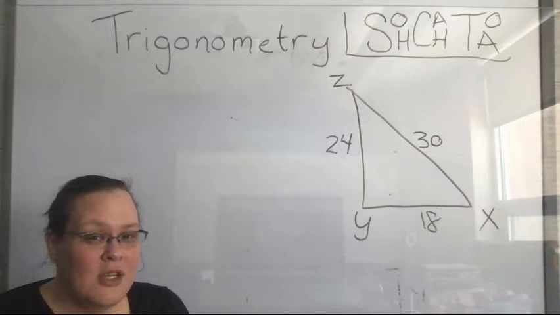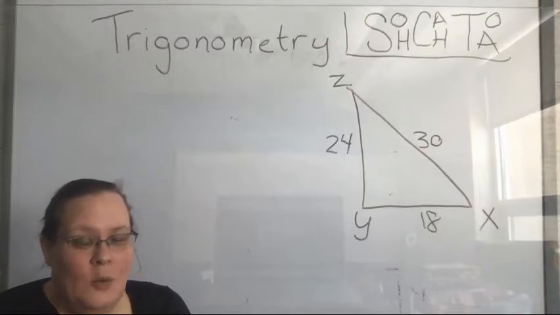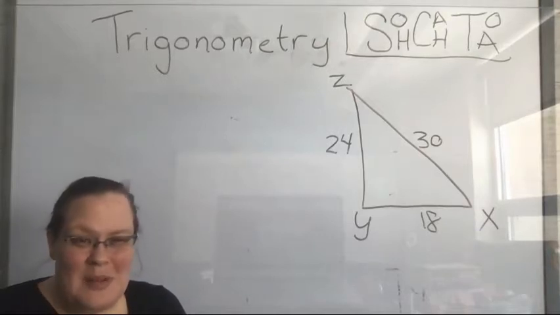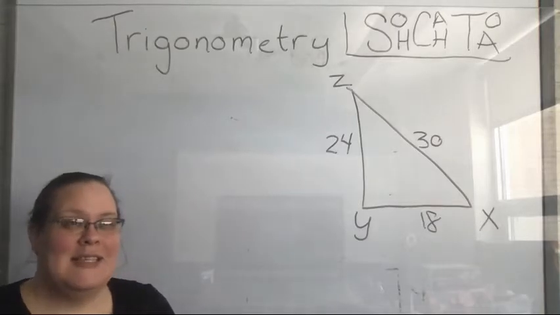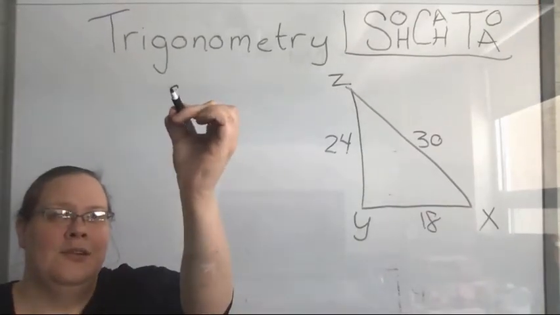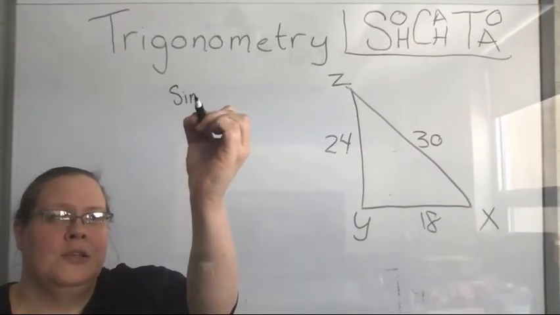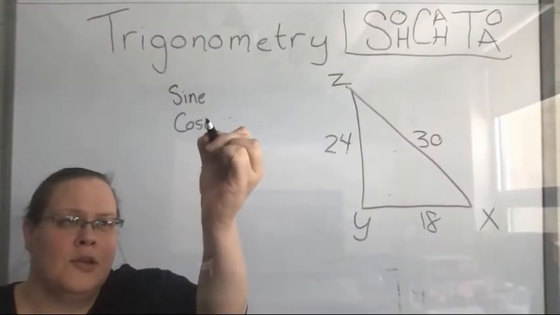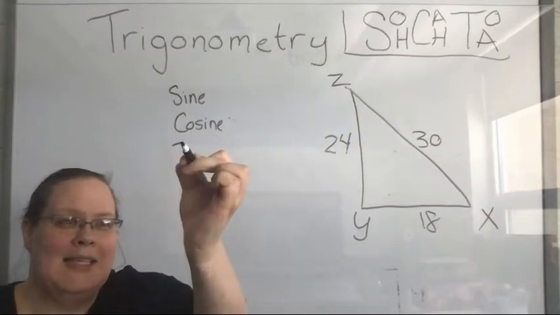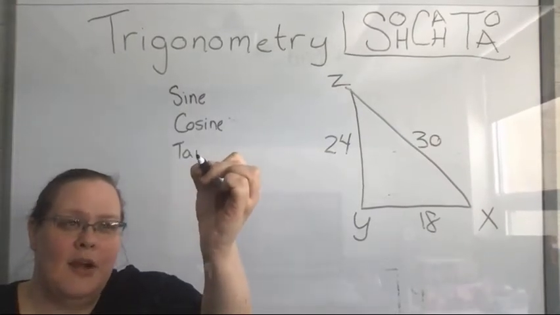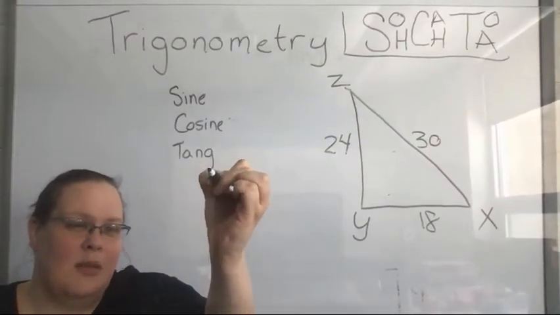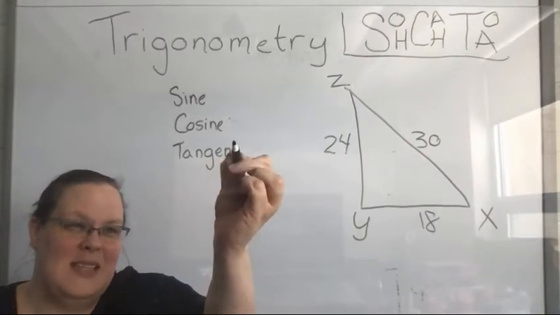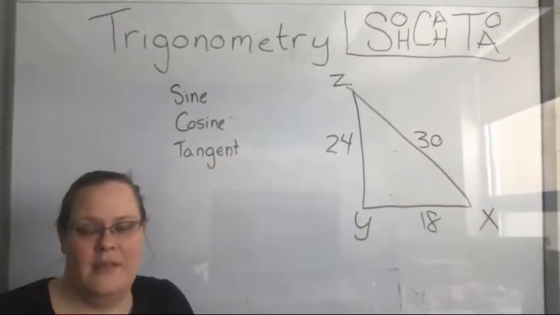We're going to start today by looking at the three main ratios, which are called sine, cosine, and tangent. There are more than these three, but these are the three basic ones that the other things will build off of.